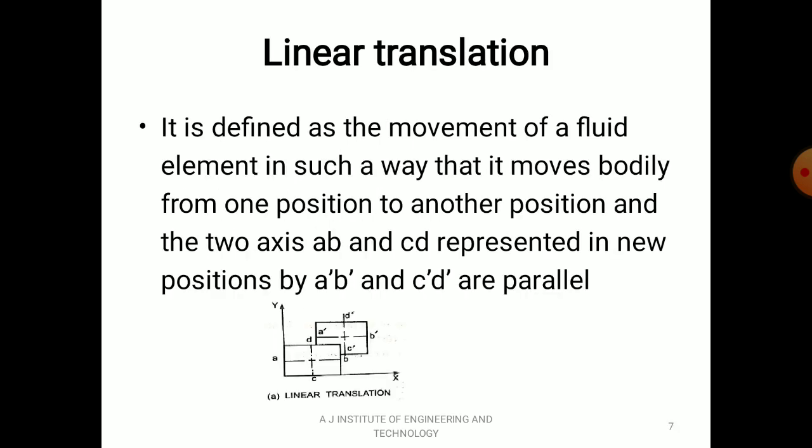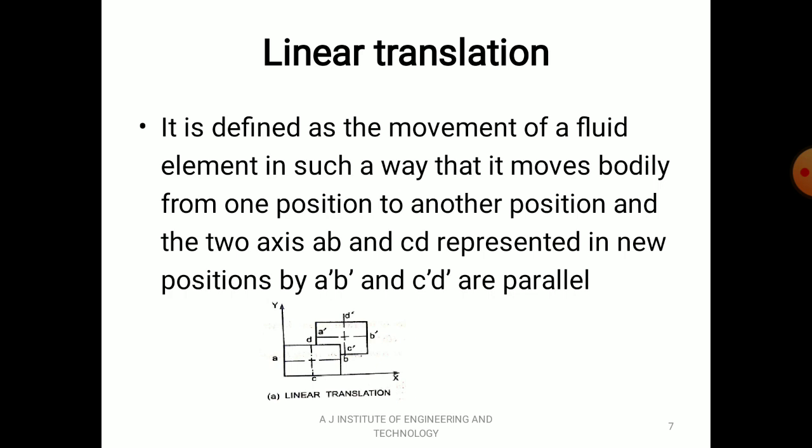Now let us first go for linear translation. Now what is linear translation? It is defined as movement of a fluid element in such a way that it moves bodily from one position to another position, and the two axes AB and CD, represented in new positions by A'B' and C'D', are parallel. So initially the fluid element has axes AB and CD.